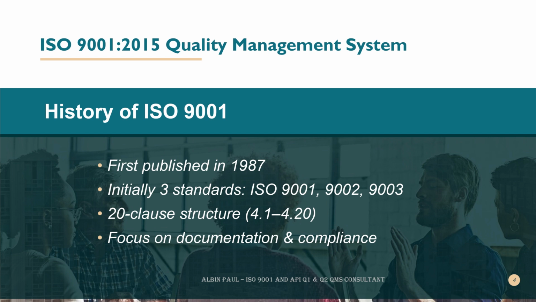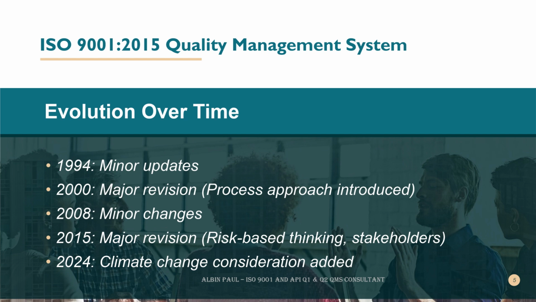Then came a major turning point in the year 2000. This is important, don't miss this. ISO 9002 and ISO 9003 were completely removed. Only one standard remained, ISO 9001, and it became generic, meaning applicable to all industries.